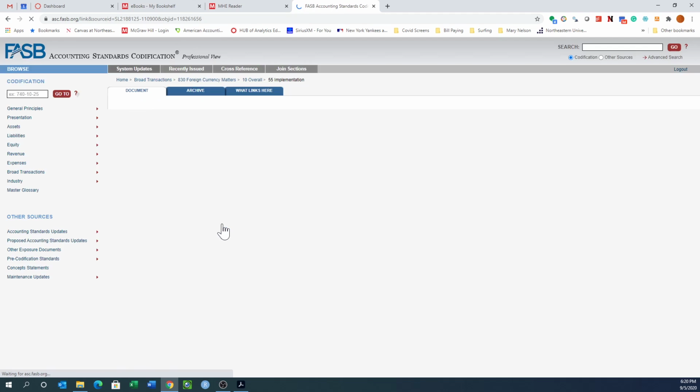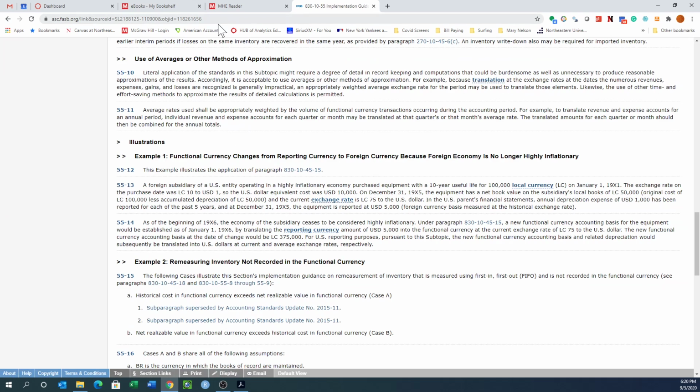The issue comes down to whether it is practical to keep track of each and every exchange rate during the year for every single transaction. Because the degree of detail, record keeping and computations could be burdensome as well as unnecessary to produce reasonable approximations of the results, other methods are appropriate.